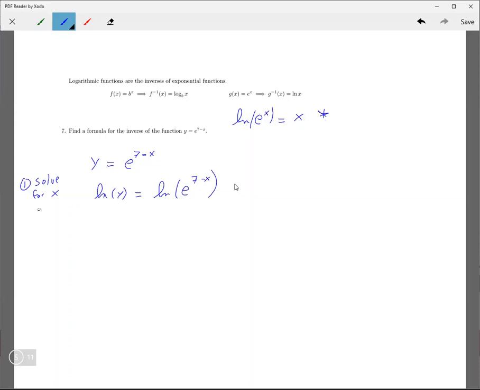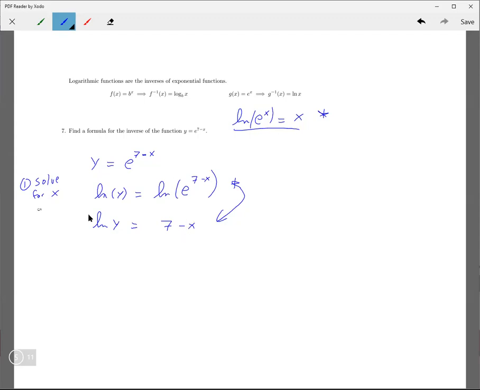And so that means that all of this just becomes 7 minus x. Okay, so ln of e to the x is x. ln of e to the x, 7 minus x is 7 minus x, because the ln and the natural exponential are inverses of each other. So they just canceled out, so to speak.